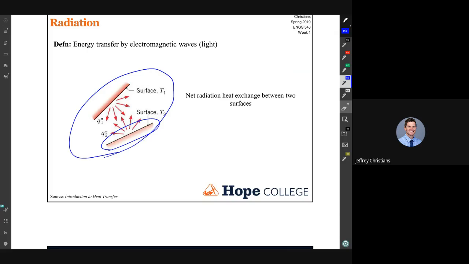Epsilon sigma T to the fourth. But it's absorbing light from this guy, which is emitting epsilon sigma T to the fourth. So you end up getting similar terms in both cases.